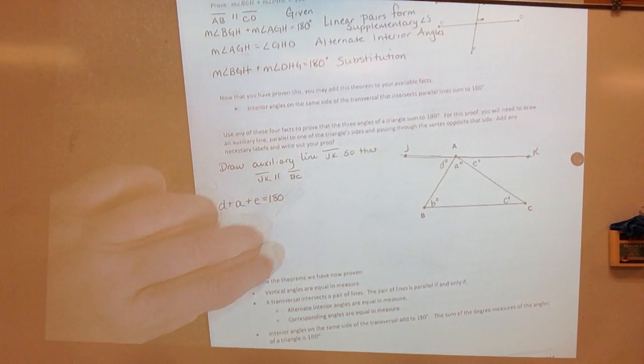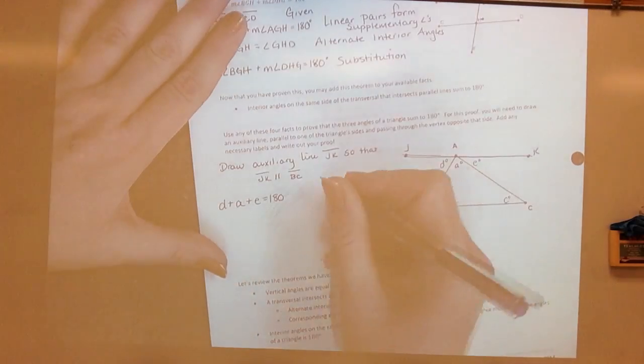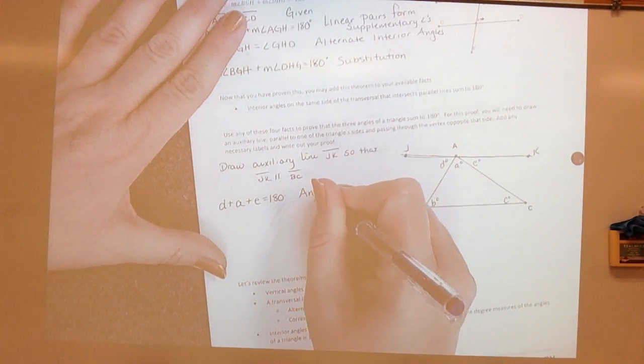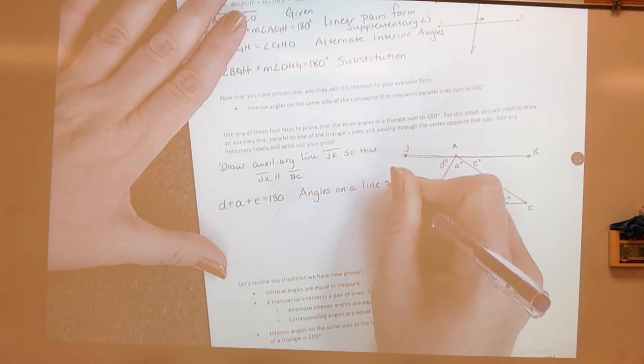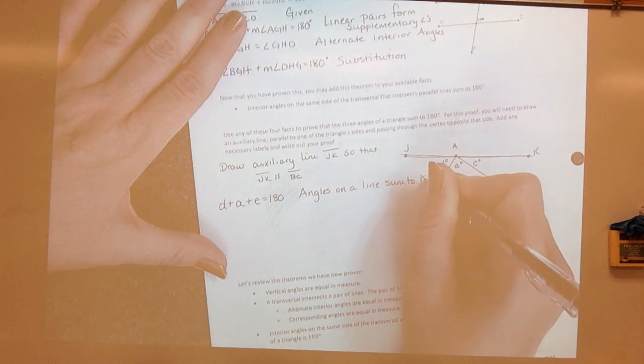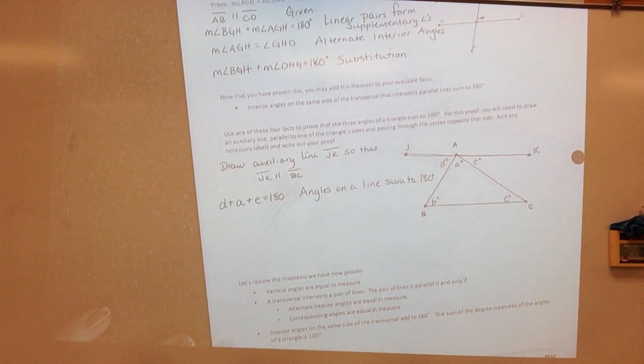Why do I know those three angles are equal to 180 degrees? Because angles on a line sum to 180 degrees.